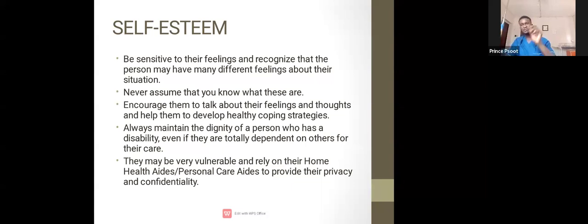So, just a brief explanation on the last point. I said they are very vulnerable. Most of them are very, very vulnerable because words get to them. They think more than they ought to. When you tell them, "Come on, leave," they'll be like, "Is it because I'm like this?" So they take matters too personally.